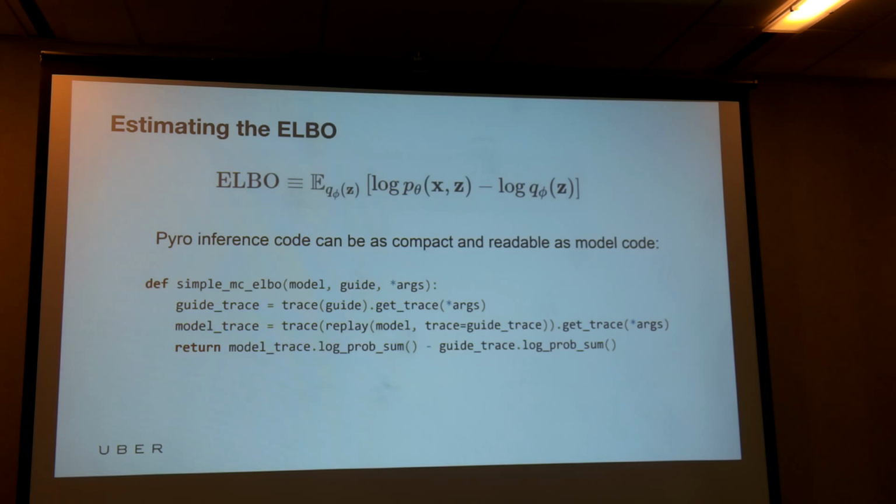The data structure also provides a quick method for computing the probability of a single sample. These are point estimates of the guide and model densities, which you can compute by taking the distributions of all the sample sites, computing the local probability of each sample site, and summing all those up.